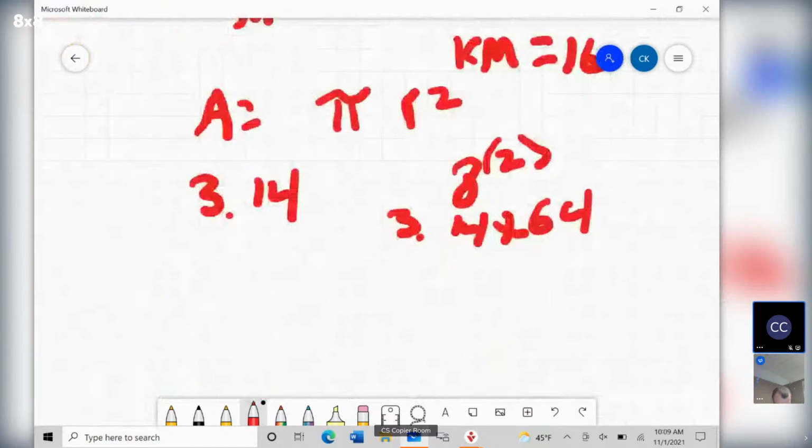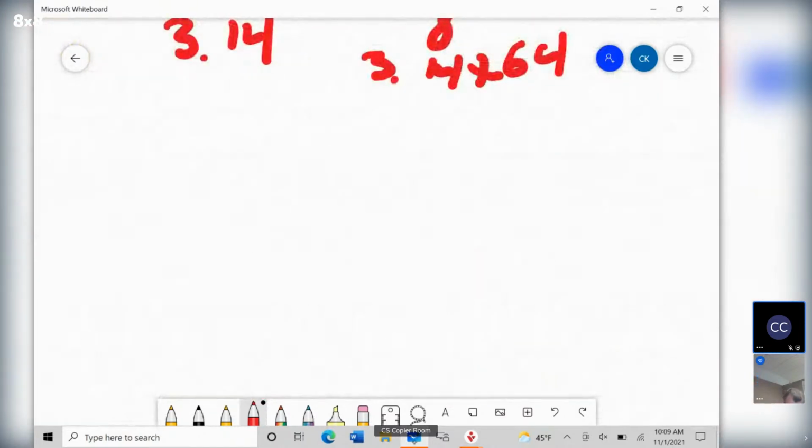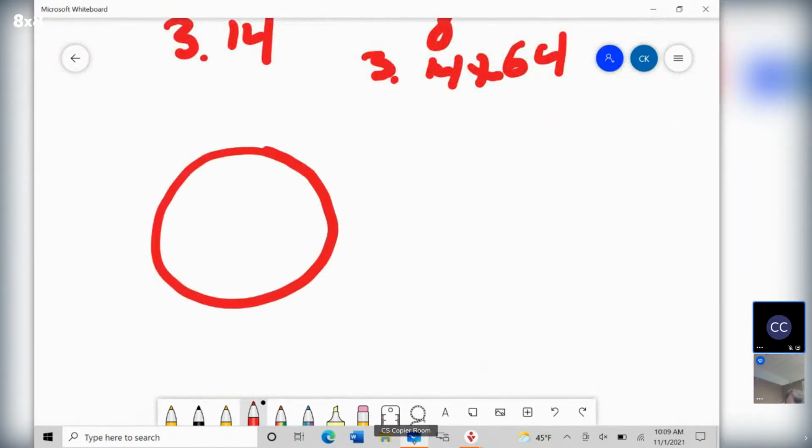So on the practice, you'll get a circle. It's going to have a point right in the middle. Say this one's K. It'll also give you the diameter. In this case, we'll say it's L, N. And then you're also going to have some radiuses.